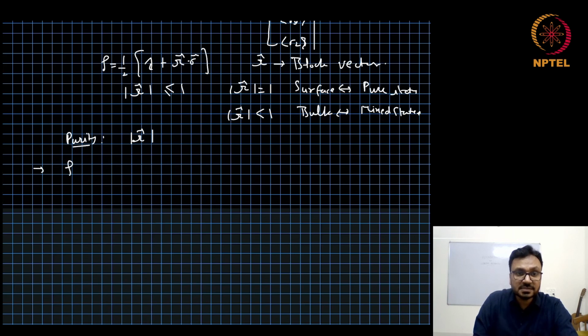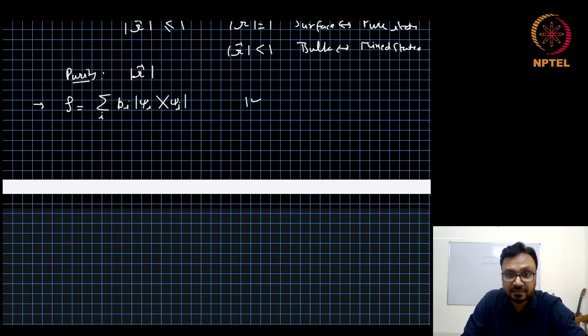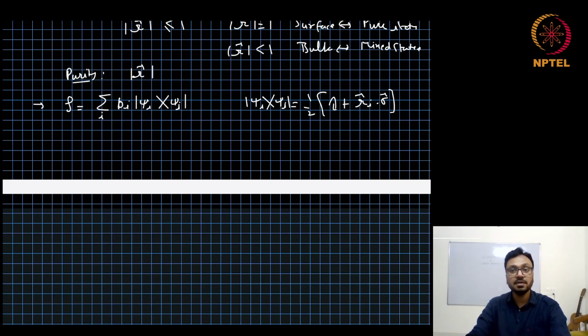Now, if we write the density matrix rho in a preparation method, that is the sum over i of p_i times rho psi_i, where rho psi_i is half identity plus r_i dot sigma. So every pure state has a unit Bloch vector r_i, and we can substitute it here.